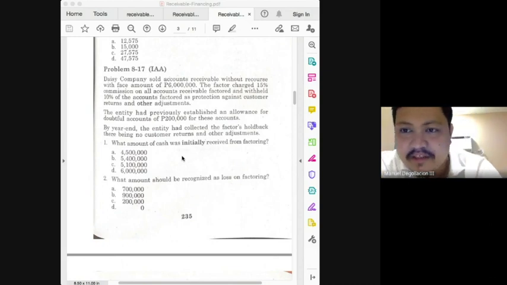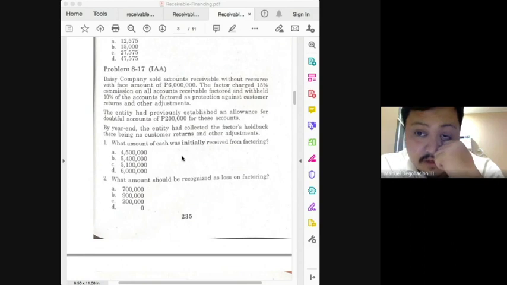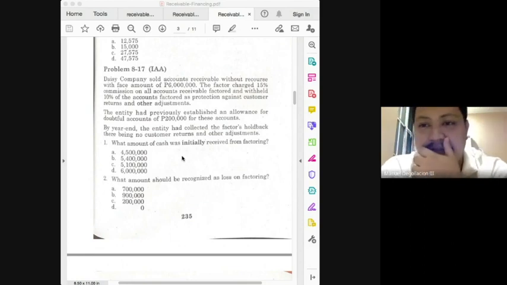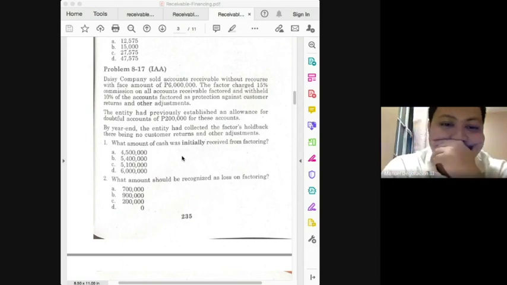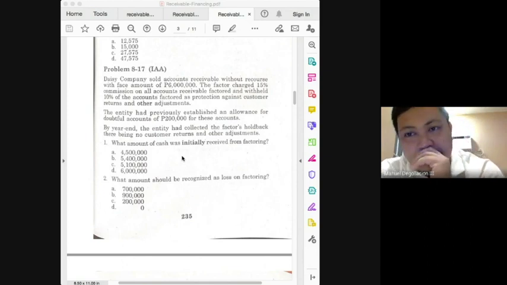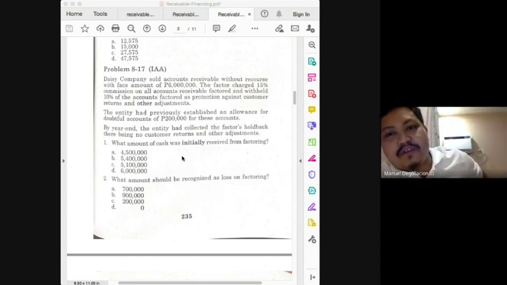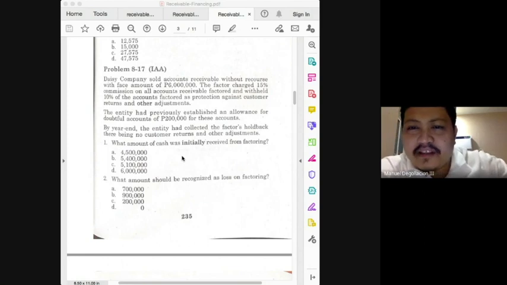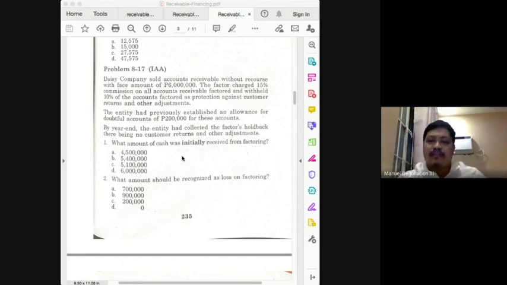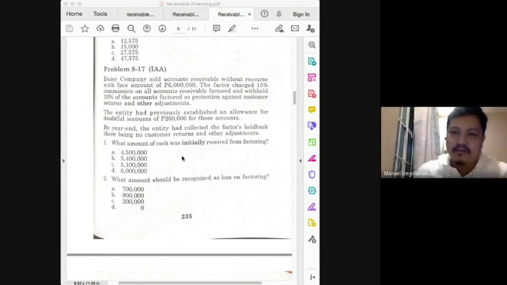If you'll notice, the amount charged by the factor here is significantly higher than the problems we had encountered earlier, because here this is without recourse. The factor will be the one to shoulder all the worthless receivables. First deduction here would be the factor's commission of 15%, and 15% of 6 million would be 900,000.